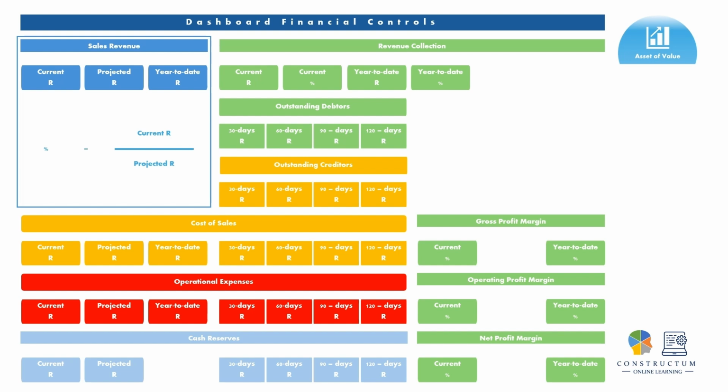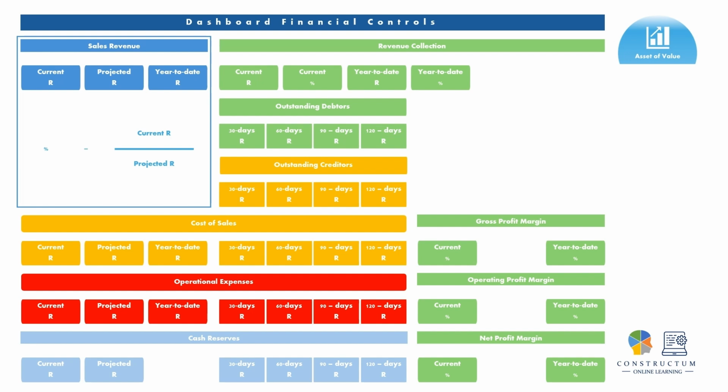Henry Ford said, "Nothing happens until someone sells something." I recommend that the dashboard reflect the following: current value of total sales revenue, projected value of total sales revenue, and year-to-date value of total sales revenue.